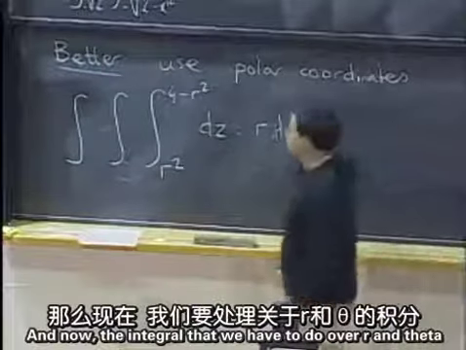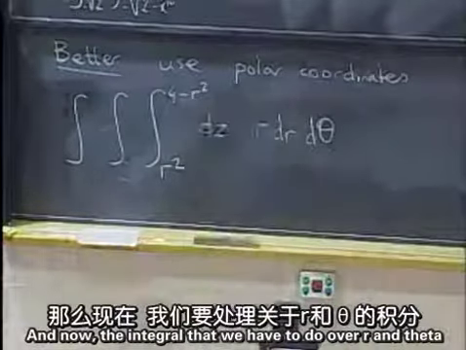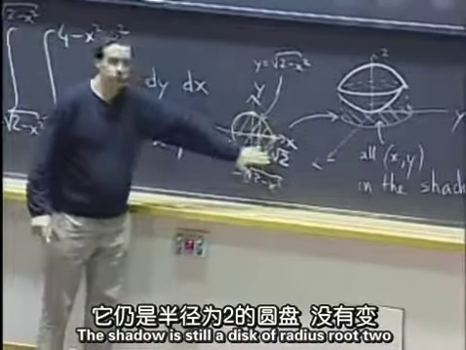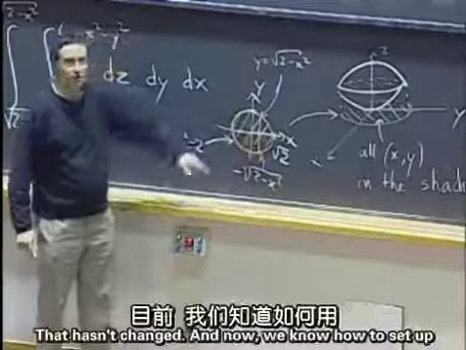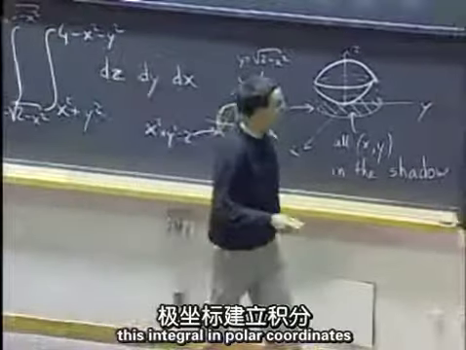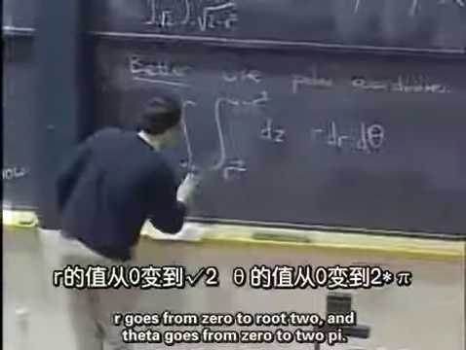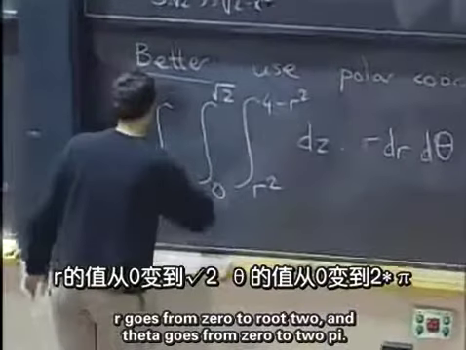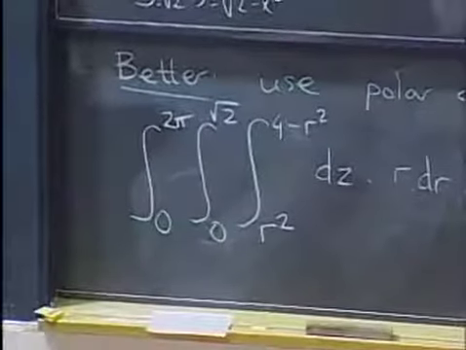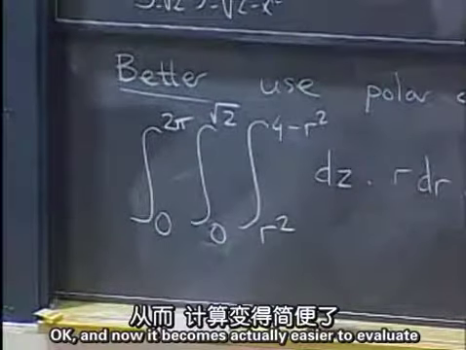And now the integral that we have to do over r and theta, well, we look again at the shadow. The shadow is still a disk of radius root 2 that hasn't changed. And now we know how to set up this integral in polar coordinates. R goes from 0 to root 2, and theta goes from 0 to 2 pi. And now it becomes actually easier to evaluate.